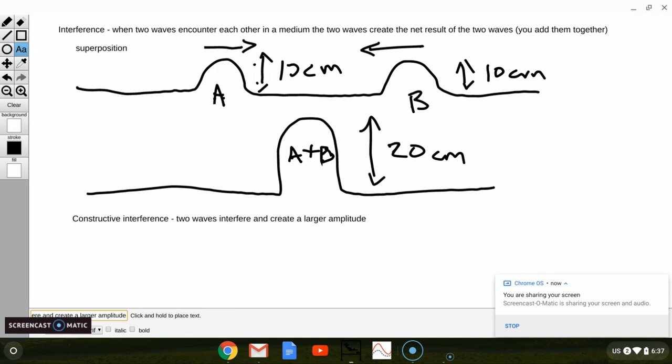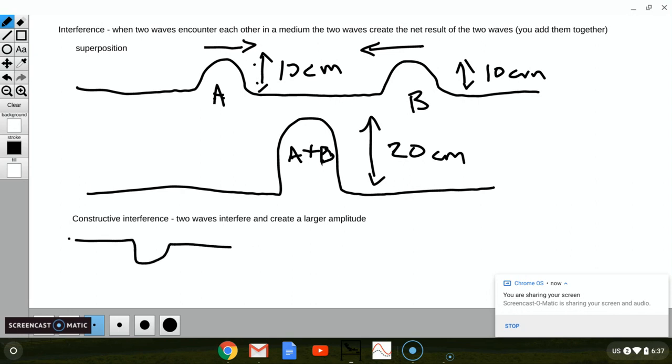Now, this doesn't necessarily have to happen. They don't all have to be crests. For instance, I can also do it with a trough. So if we add a trough and a trough, okay, going like this.